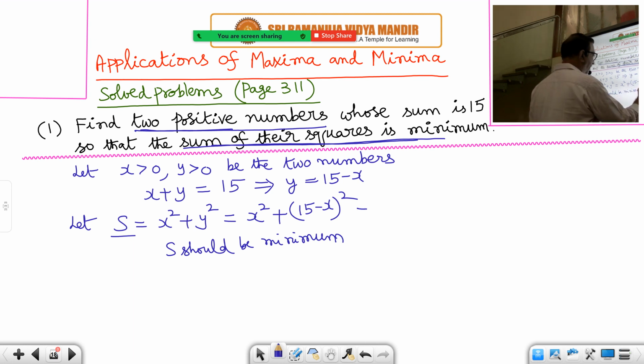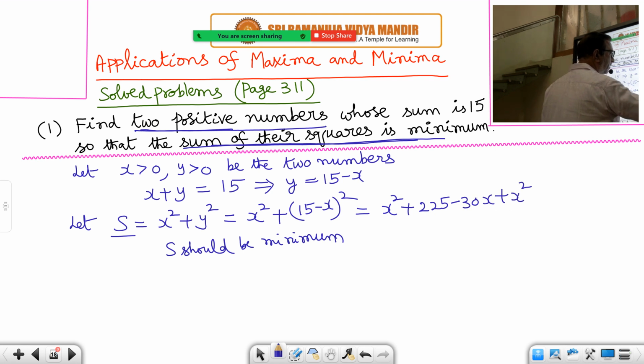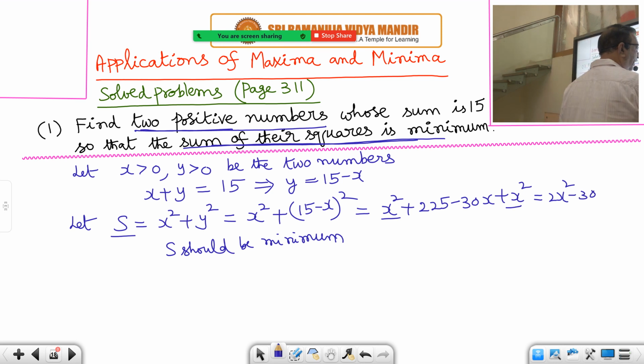Suppose you expand it, what happens? X square plus 15 minus x whole square means 225 minus 30x plus x square. So it is 2x square minus 30x plus 225.